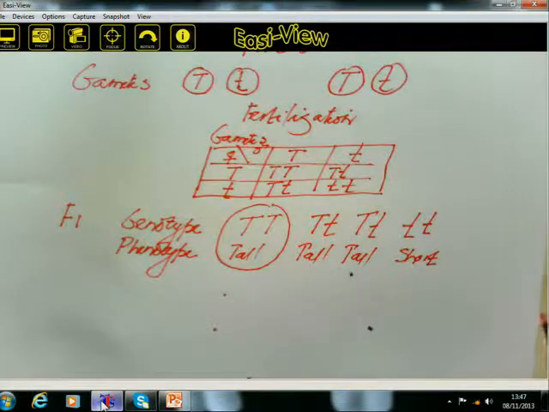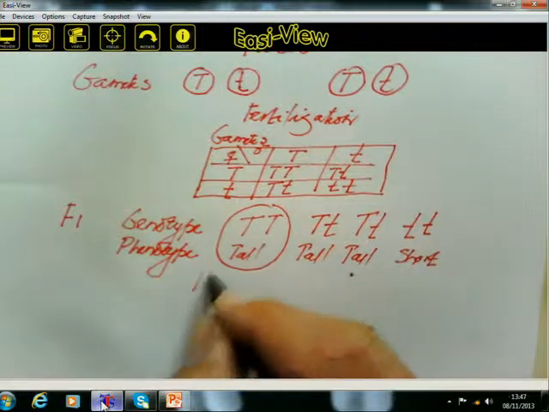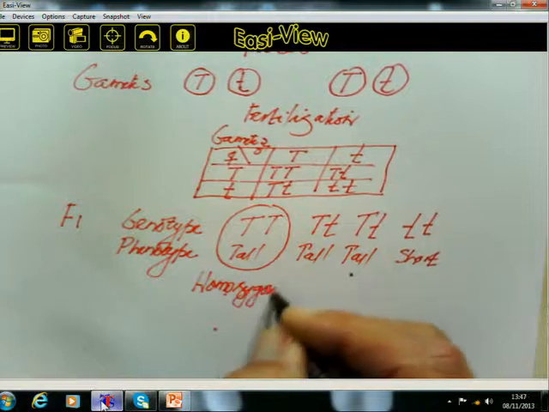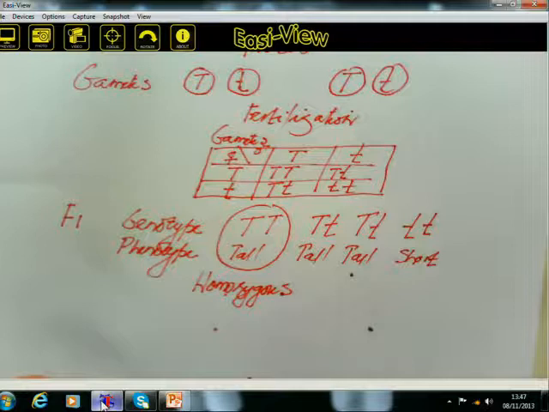It contains 2 full sets of chromosomes. Because I wrote it with 2 capital T's, it means that this individual is homozygous. Both the genes determine the same characteristic and they express it in exactly the same fashion.